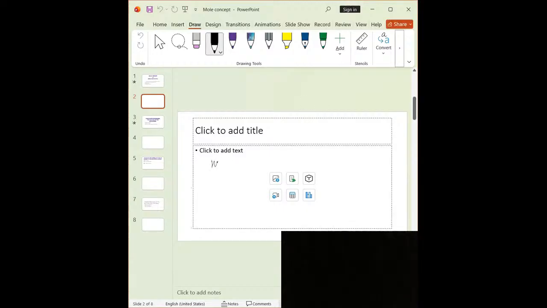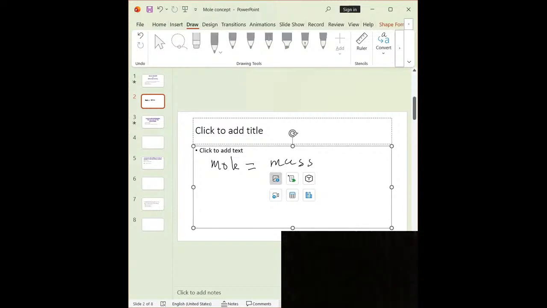That is mole equal to mass over molar mass. That is mass of substance over molar mass.